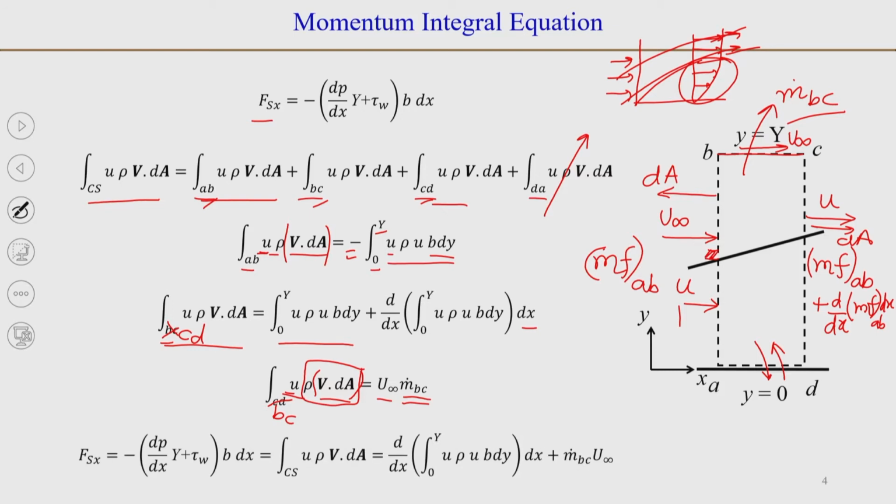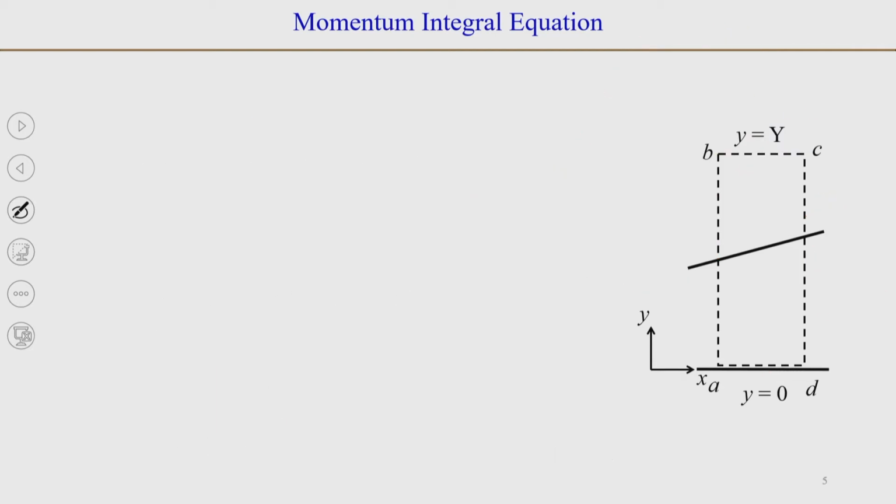Now, we can substitute these values in the momentum balance equation: the force on the left hand side and the momentum flux on the right hand side, and try to simplify it.